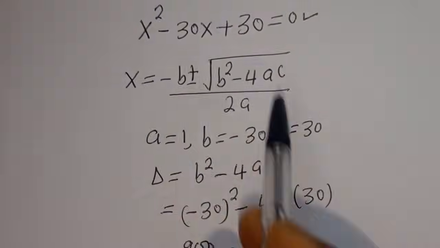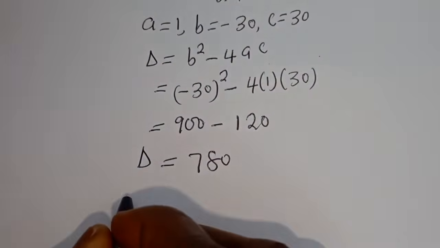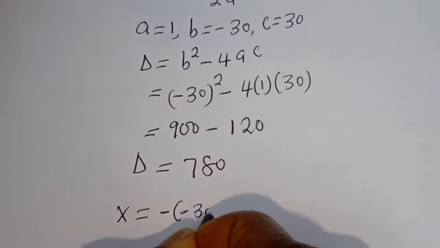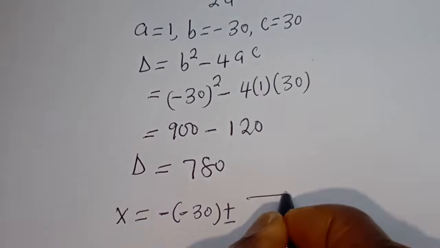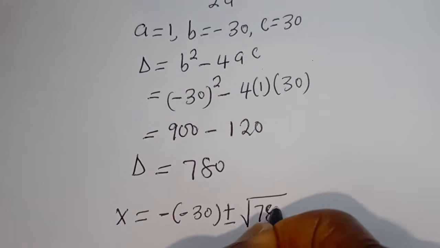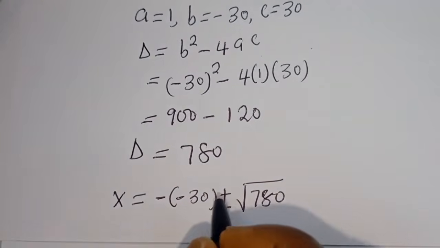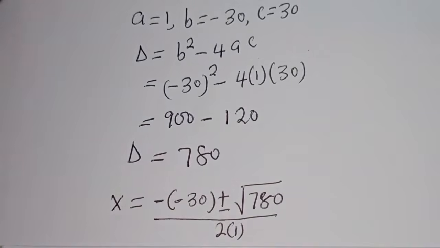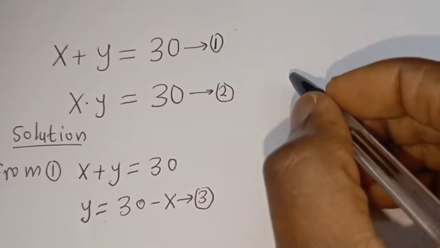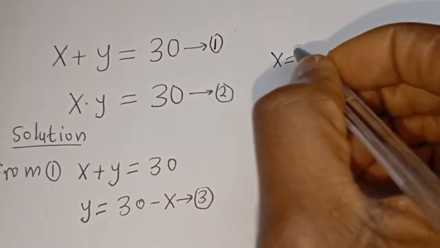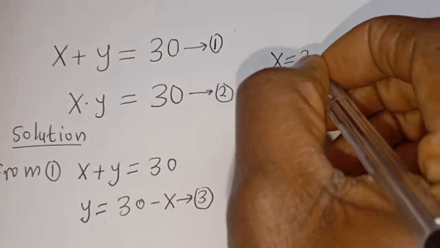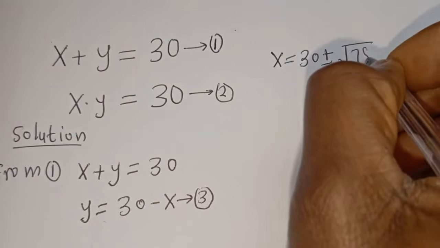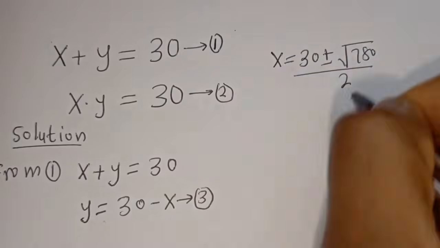Therefore, our equation becomes x is equal to minus bracket minus 30 plus or minus square root of 780 over 2 multiplied by 1. Then x will be equal to minus multiplied by minus 30, this is 30 plus or minus square root of 780 over 2.